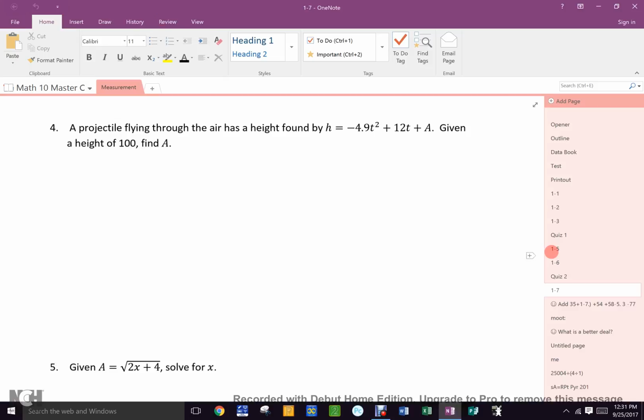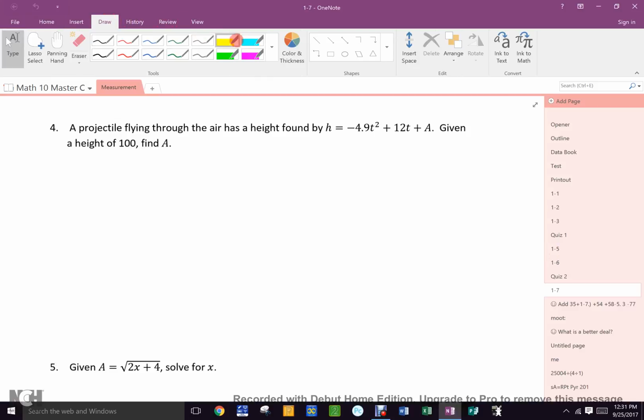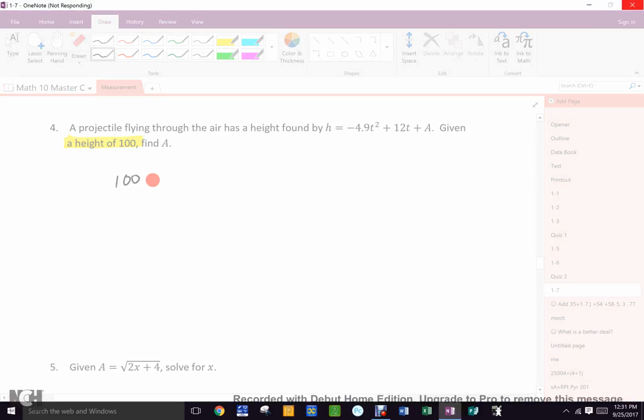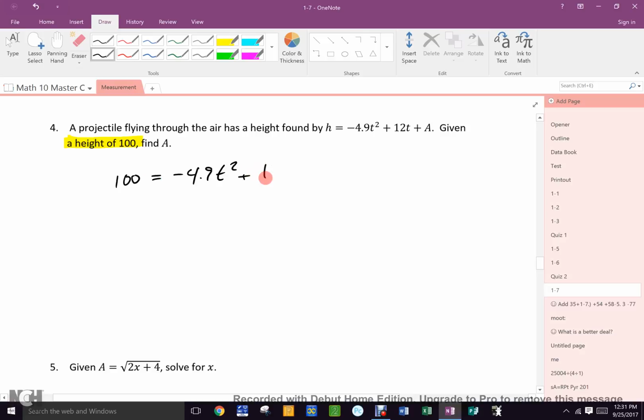There's 4.9 squared and then 12. What number or what letter can I put that 100 in for? H. So what I would get would be 100 equals negative 4.9t squared plus 12t plus a, correct? I want you to find me a. So that means get a by itself, right?